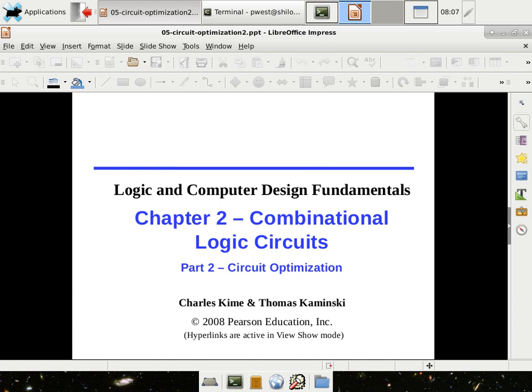The point of this section, which is a detour from computer architecture, is to give you an idea of what's going on in the back end and explain why this is so difficult to do. We will go through the basic optimization, which is K-maps and implicants as well, and then we'll finish up on this section.